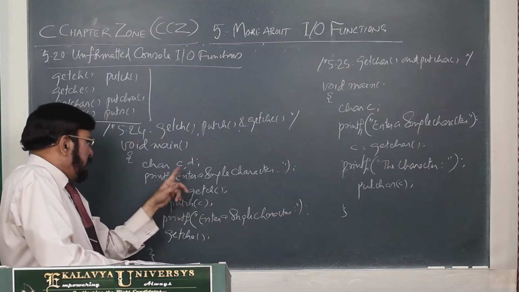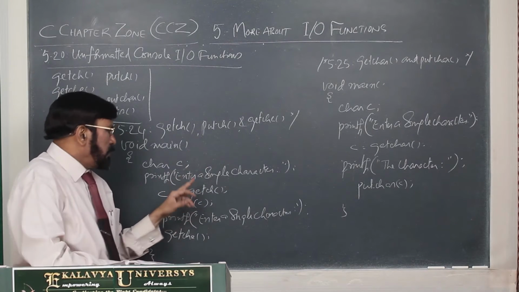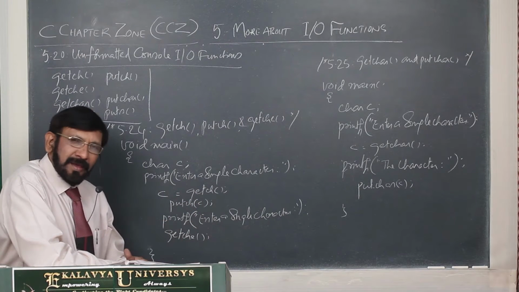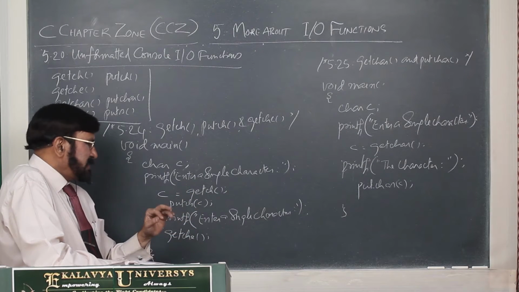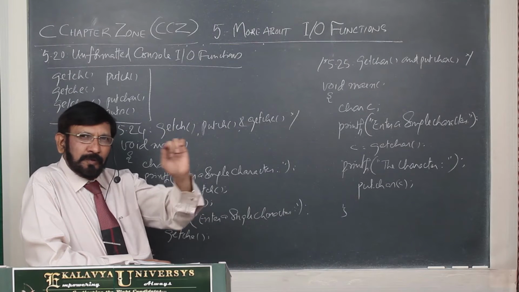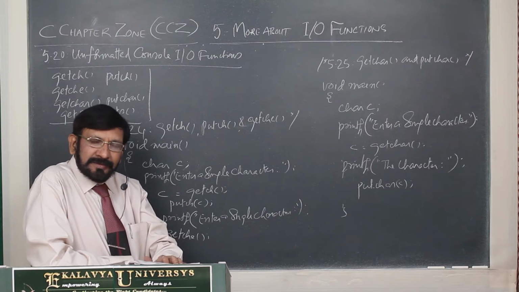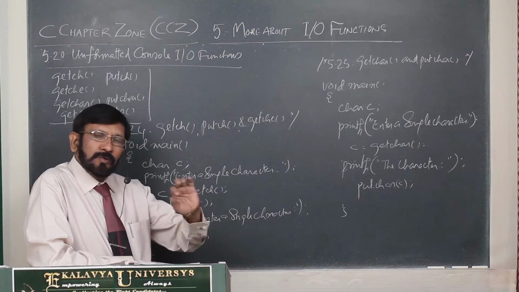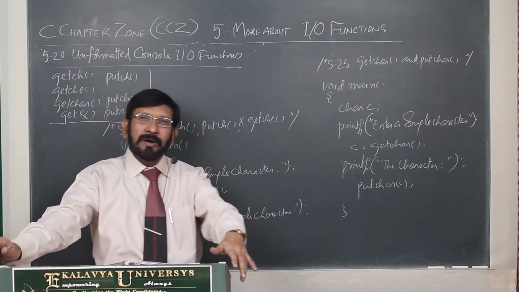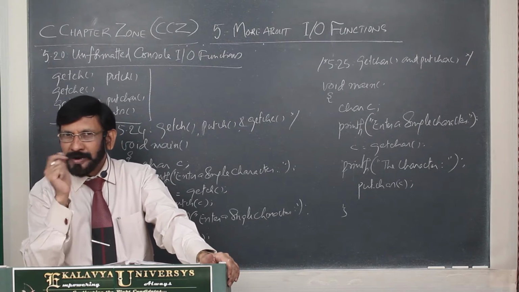Now let us see the functionalities. I have defined c; actually d is not required. Now enter a single character. Now c is equal to getch, I have written. Actually getch has a special feature. What is that? Whenever you type input data, it is displayed, but certain times you don't expect whatever you type to be displayed.